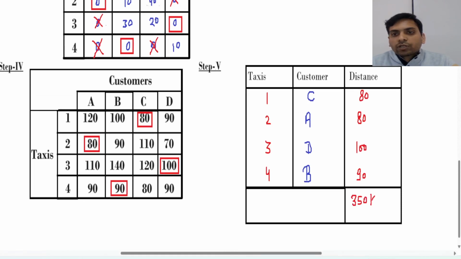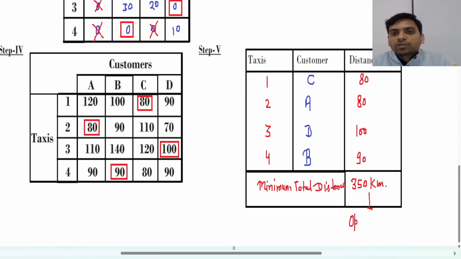So this is the total distance, and we can say this is the minimum total distance. Or we can say this is the optimal distance also.